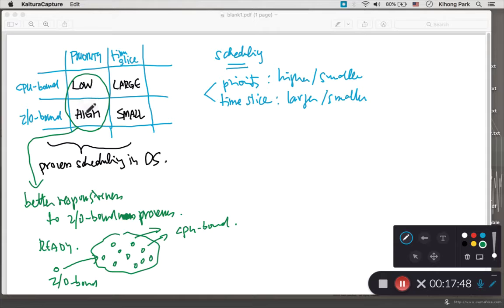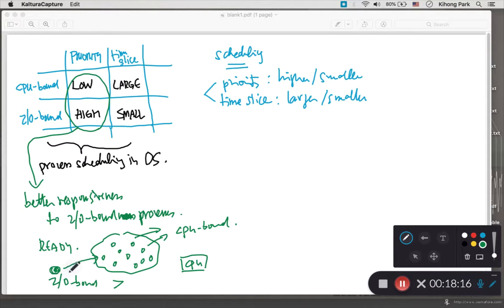If we follow this heuristic and give this guy a higher priority vis-a-vis these guys, this guy's priority is likely to be larger than all of these guys. And so although it's now joining this group from sleeping or having been blocked, because of its higher priority, it's likely to be picked next to run on the CPU.